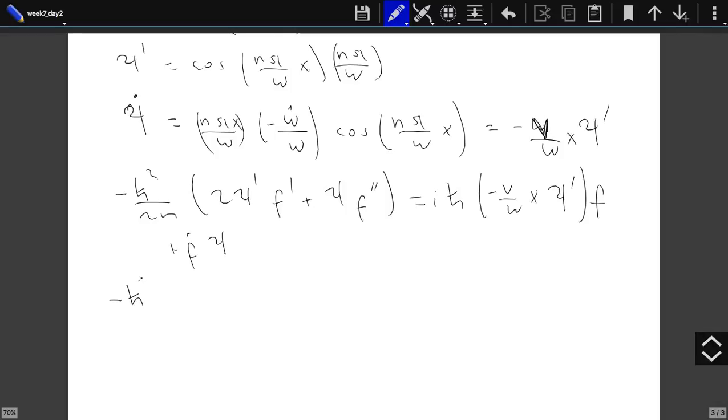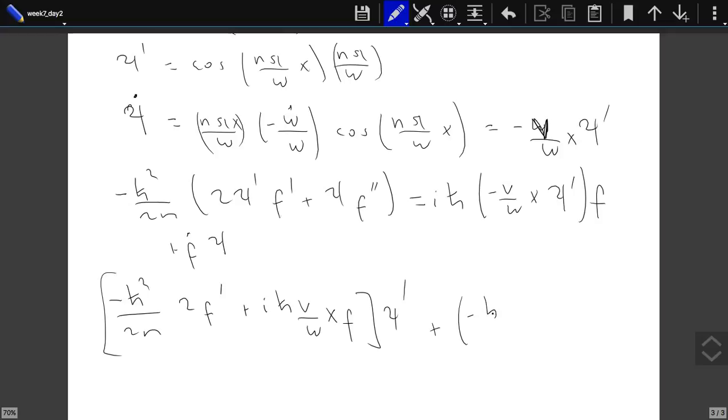Minus h bar squared over 2m psi prime times 2f prime plus i h bar v over omega x f multiplied with psi prime, plus minus h bar squared over 2m f double prime, this is i h bar minus i h bar f dot psi.